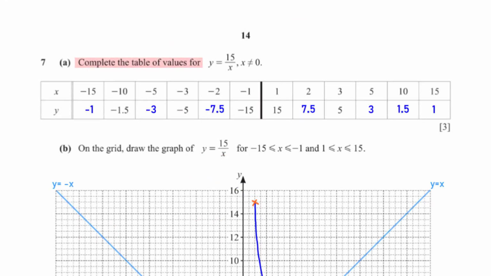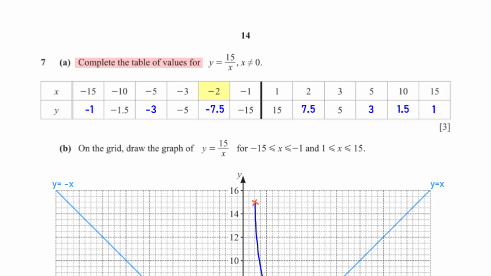Complete the table of values for y equals 15 over x, where x cannot be equal to 0. When we plug in x equals negative 15 into the equation, we get y equals negative 1. For x equals negative 5, we get y equals negative 3.